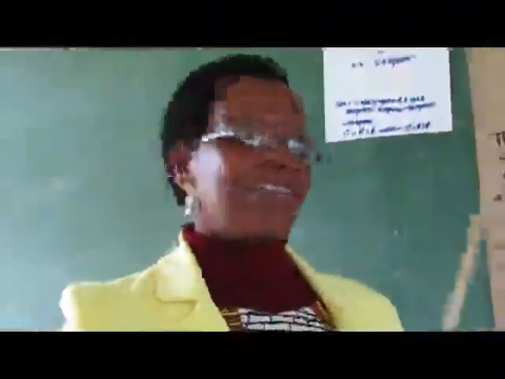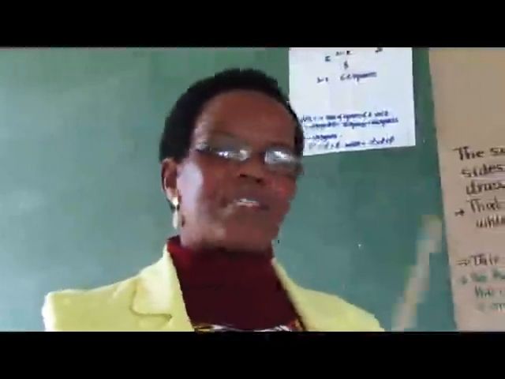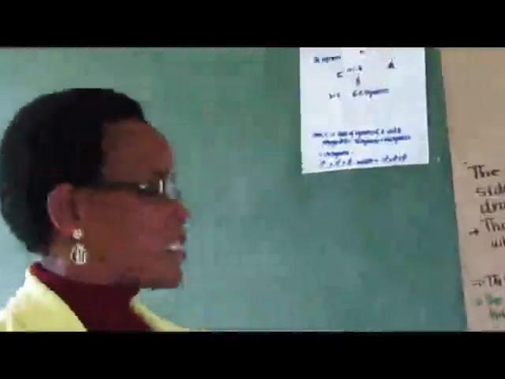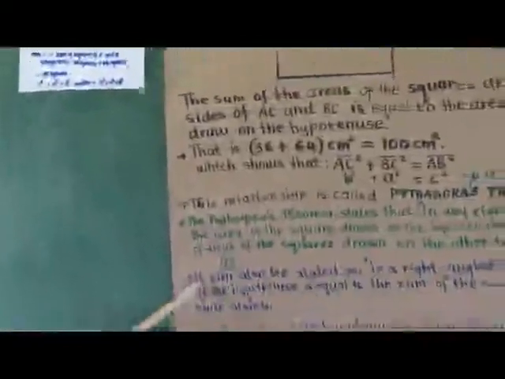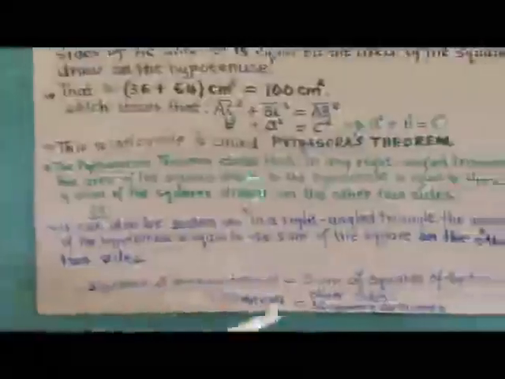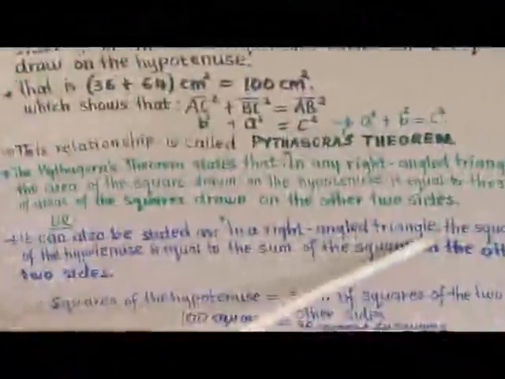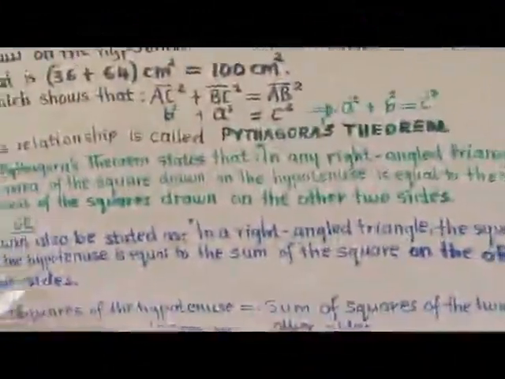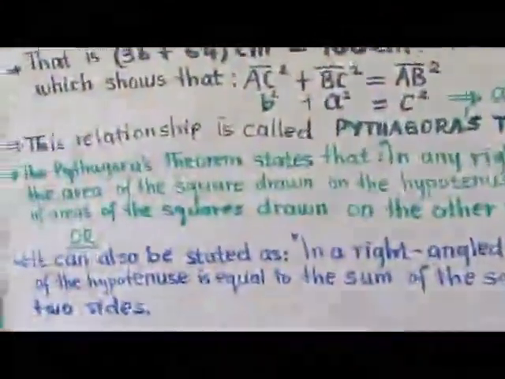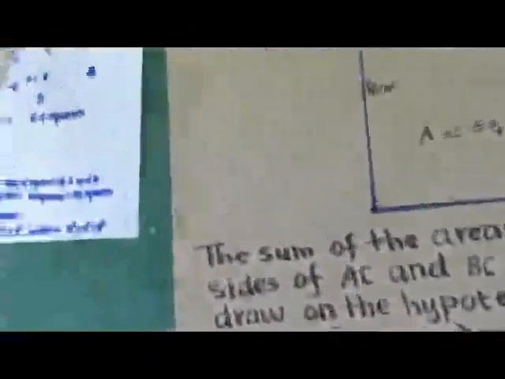The second way of stating the Pythagoras theorem is by using the number of squares. Look at this picture, this diagram here.